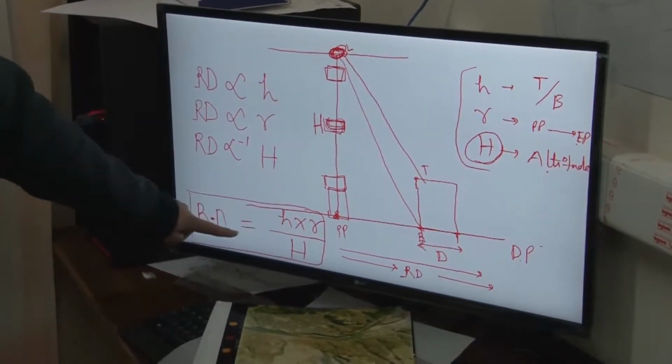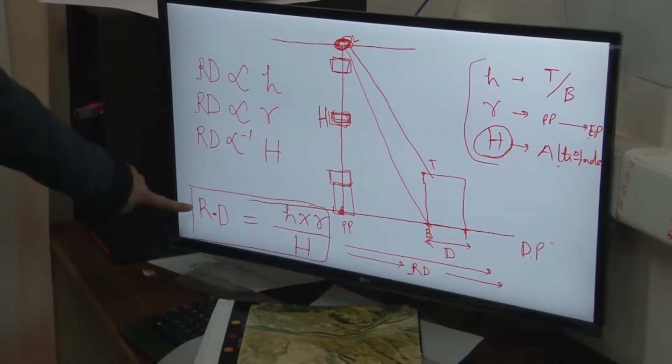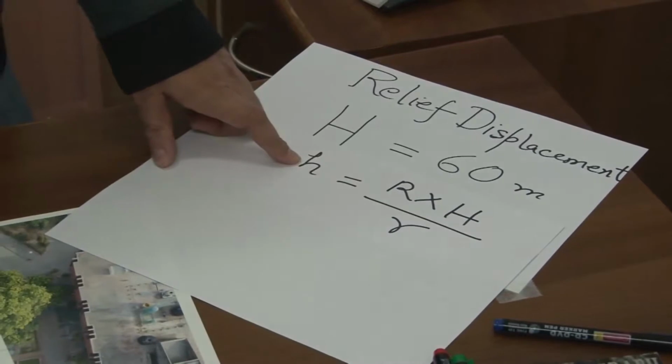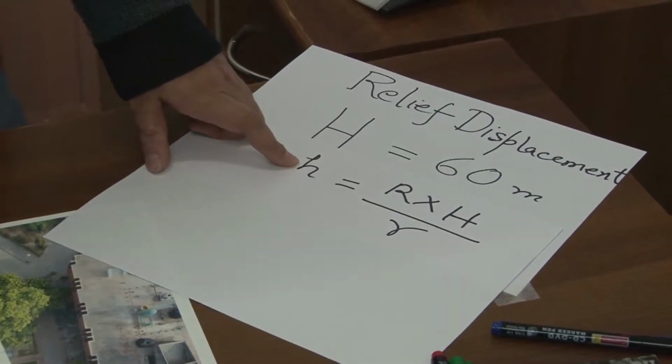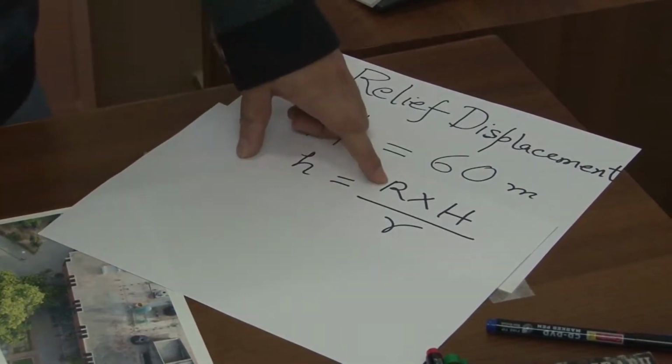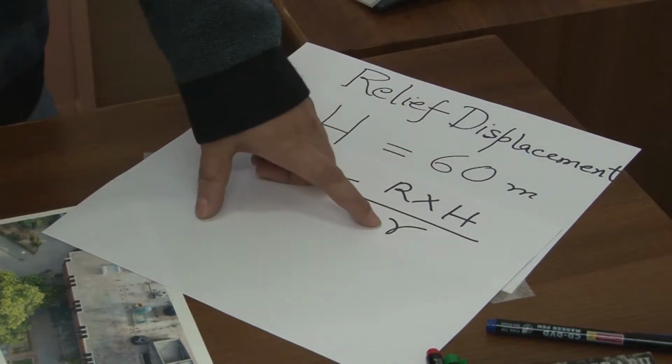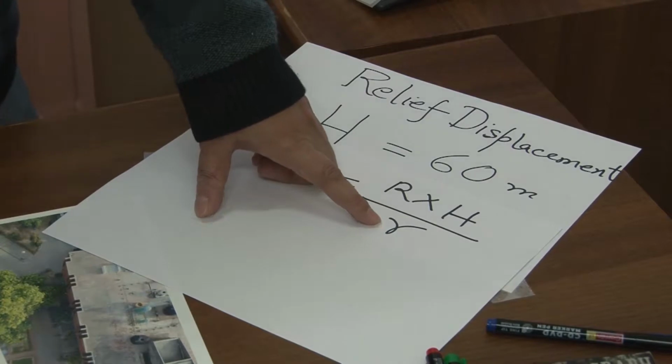So this will go with capital R into H divided by r. Here, small h represents the height of the object or the height of the building, capital R represents relief displacement, capital H represents the height of flying altitude, and small r represents the radial distance from the principal center.